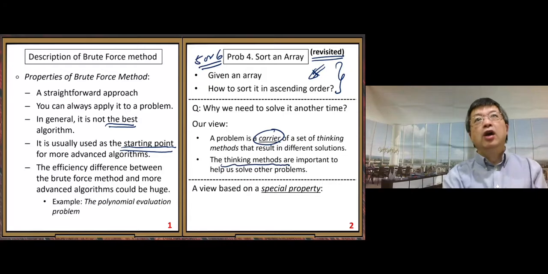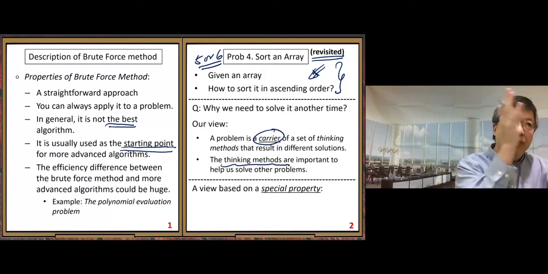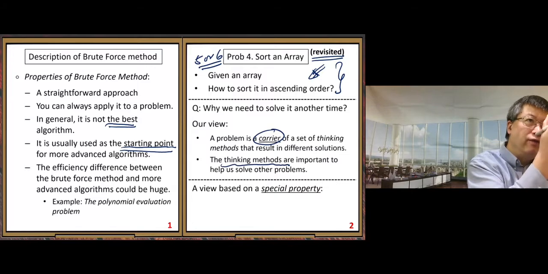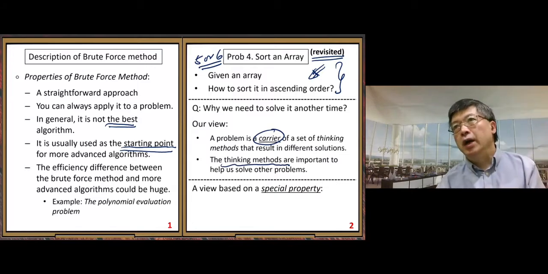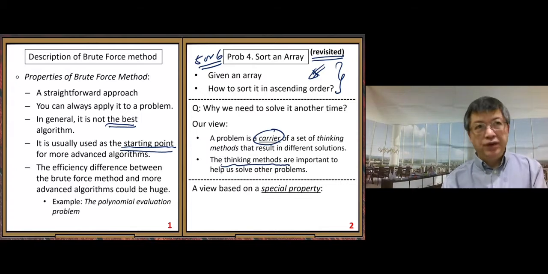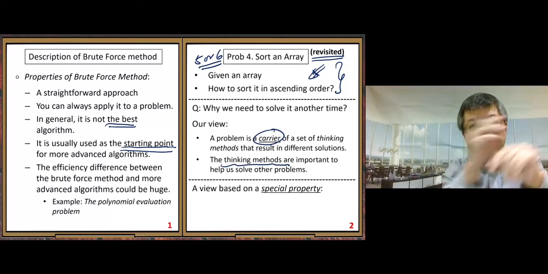So we understand this problem using a minimum-based view. Now we want to use a different method, so you have to change your view. You should not take that minimum view. If you take the same view, you will get the same solution. So here we want to take a different view.